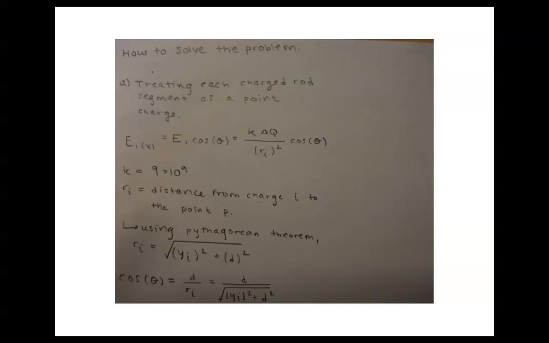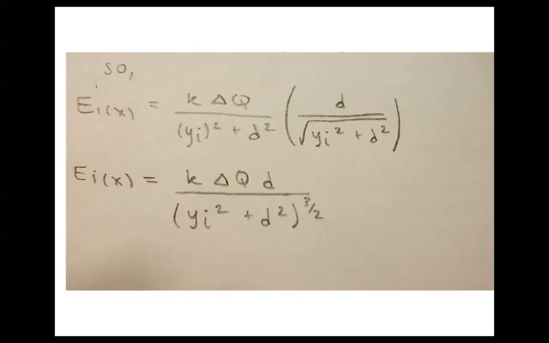Cosine theta equals d divided by r sub i, which equals d divided by the square root of y sub i squared plus d squared. After plugging in, we find that E sub ix equals k delta q times d divided by y sub i squared plus d squared to the 3/2.